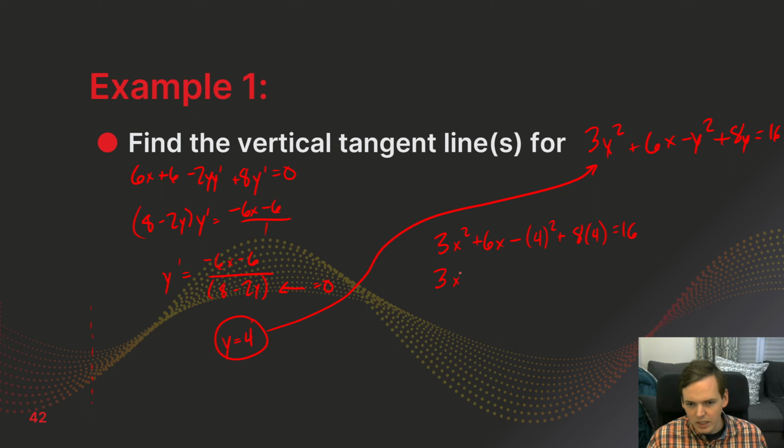You can double check that. We get 3x squared plus 6x equals 0. And so that means we get 3x times x plus 2 equals 0. So x equals 0 and x equals negative 2 are our vertical tangent lines.